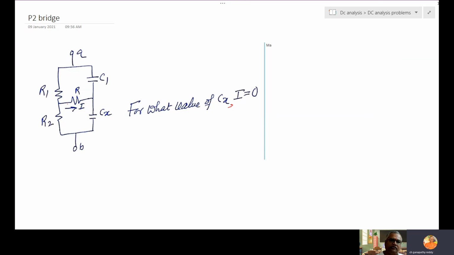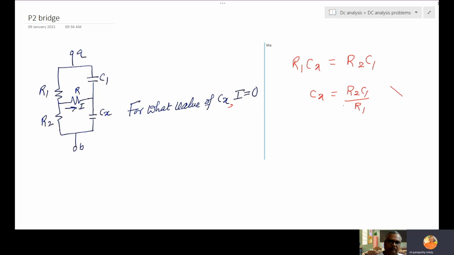This current will be 0 if the bridge is balanced, that is, when the product of opposite arms is equal. The common mistake many students make is R1 into Cx equal to R2 into C1, then Cx equal to R2 C1 by R1.